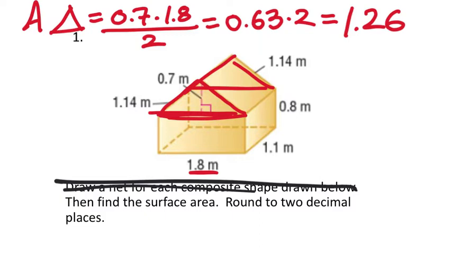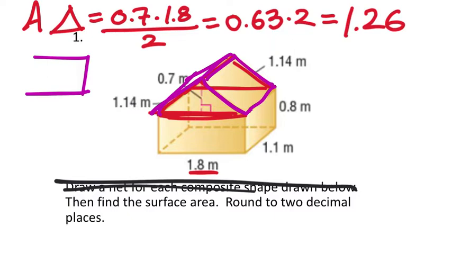Next up, and this may sound worse than it is, because this triangle on the top right of this triangular prism actually matches the one on the top left of that triangular prism as well. So I can multiply by 2 as well. I'm looking at this, it's a rectangle, right, because it's a prism. And this length right here is 1.1 meters, and then this length right here is 1.14 meters.